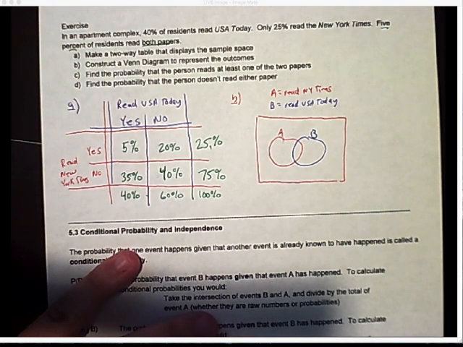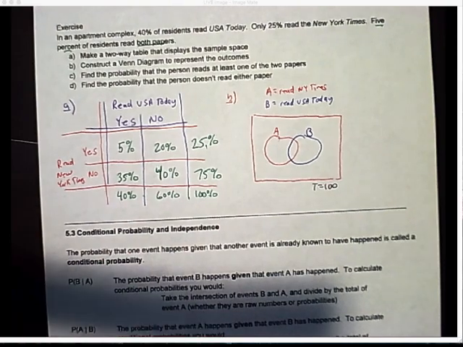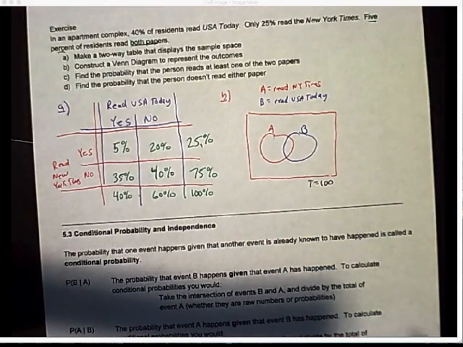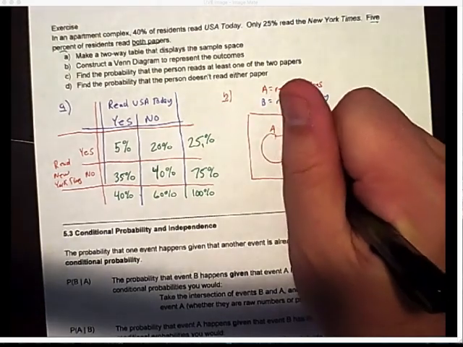We know that we have 100%, so I'm just going to treat this like 100. All right, so the numbers that go in here. The middle is the intersection. So how many read both? 5. So the number 5 would go in there.